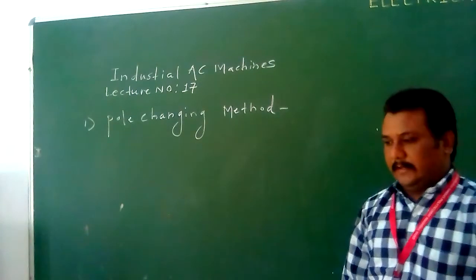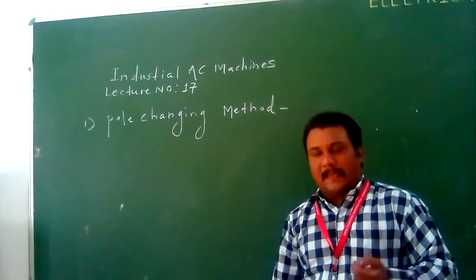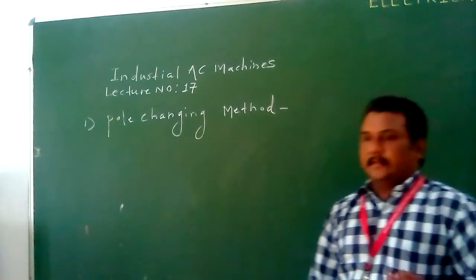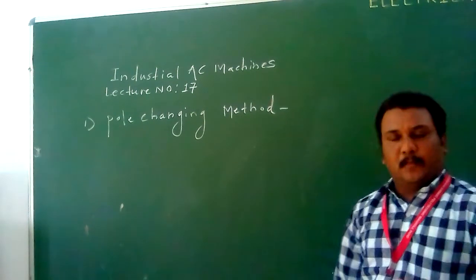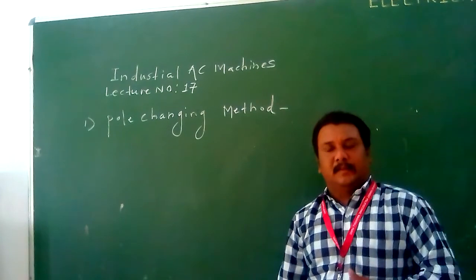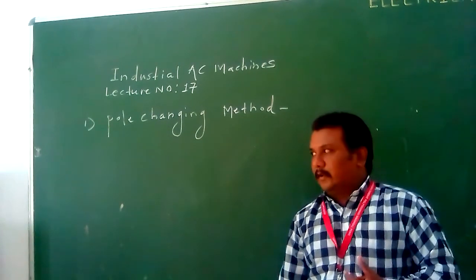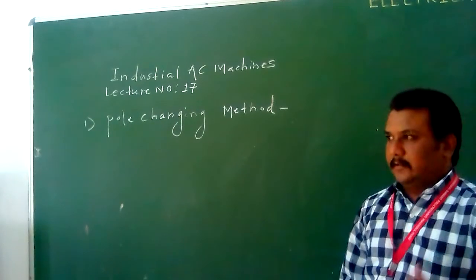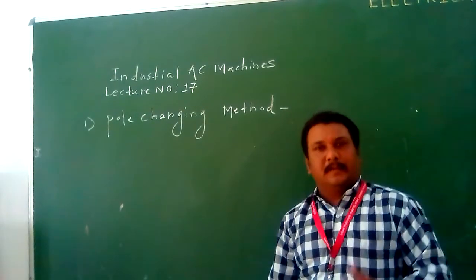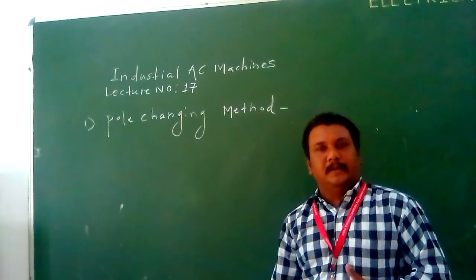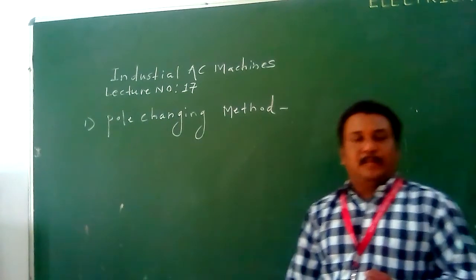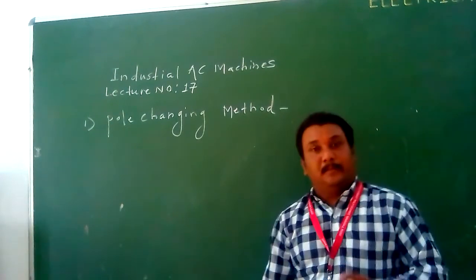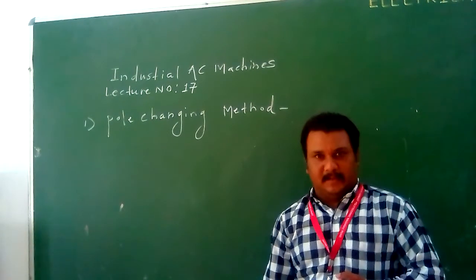As in a DC machine, an induction motor has poles, but they are not visible. In a DC machine the poles can be visualized by their physical appearance, because a field winding is placed on the field pole. But in an induction motor, the poles are imaginary.